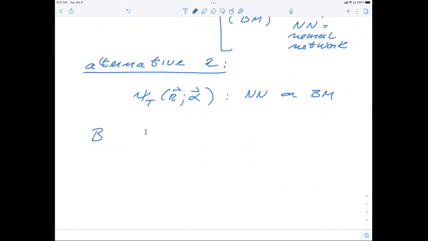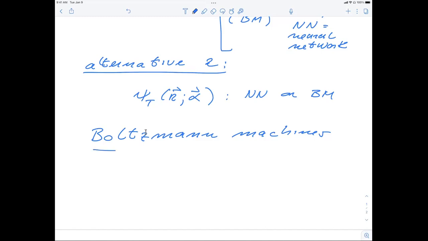So let me just start discussing the Boltzmann machines. And at the end of my notes on Boltzmann machines, you will also find an example code which solves this problem which you see here for a harmonic oscillator basis. And we're going to come back to that code after the break.